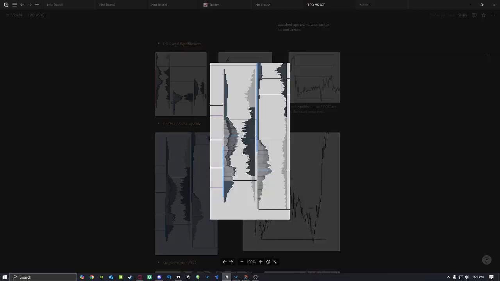So we have a poor low right here, which is not that much excess. So excess is like these highs or this low right here, where basically why it goes up like this, it gives a big tail. And the reason why it gives a big tail is because there's a lot of buying pressure that happened very fast right here.